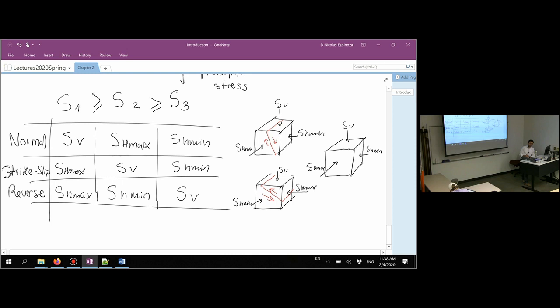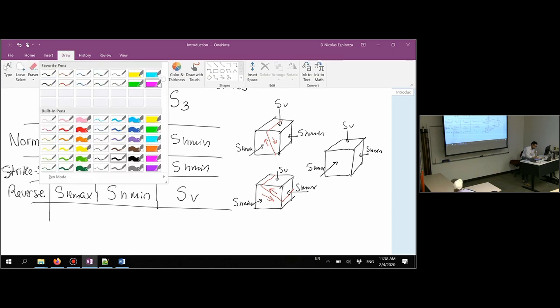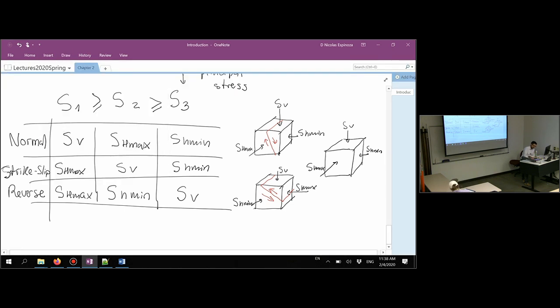So what is really going to make the rock fail is the maximum and the minimum. And when you have that, you will expect a fault to form like this, like a vertical plane, and in this case this side will move backwards and this side will move to the front.